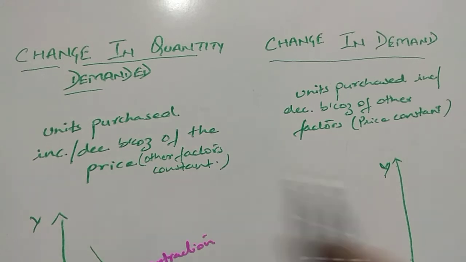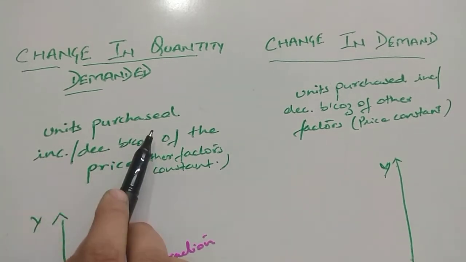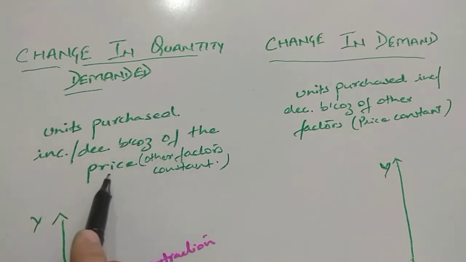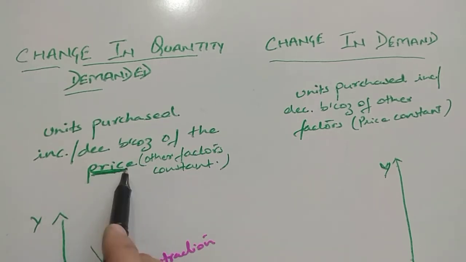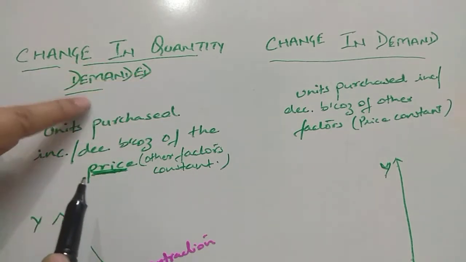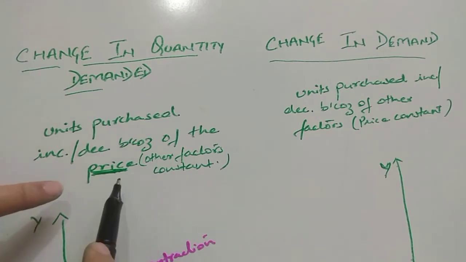Now, when the units purchased of a commodity increase or decrease because of the change in the price of the commodity, then it is called change in quantity demanded. Other factors remain constant here.